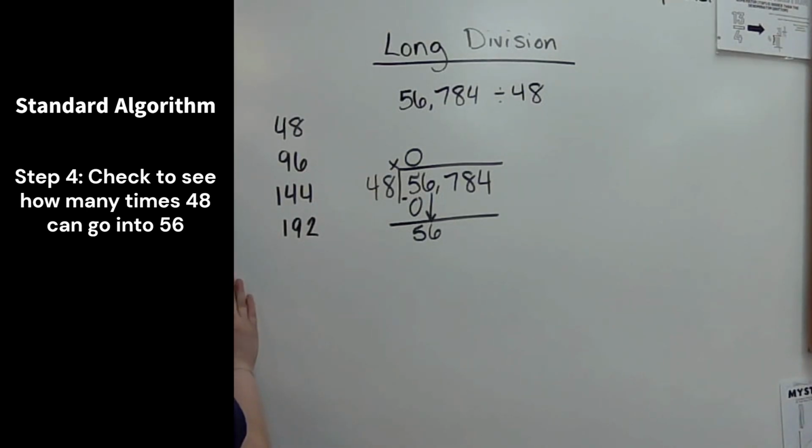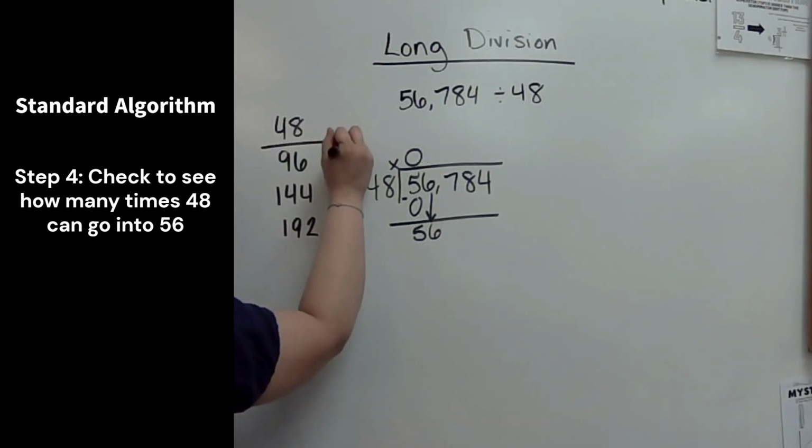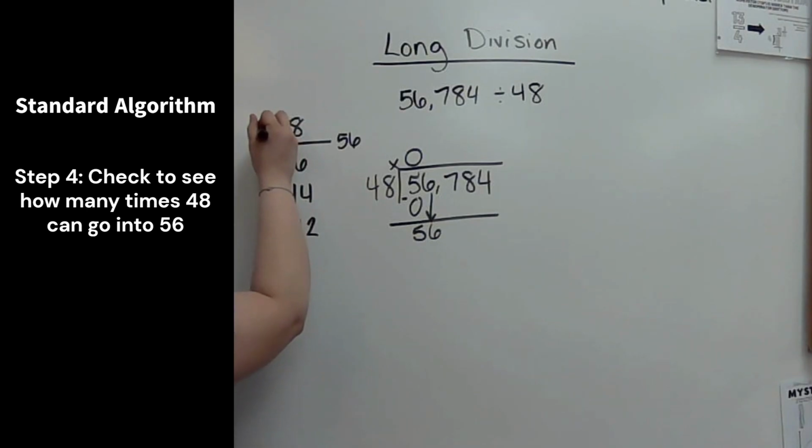And I'm going to stop right there because I know that I need 56. 56 falls in here, and that means that 48 can only go into 56 one time.